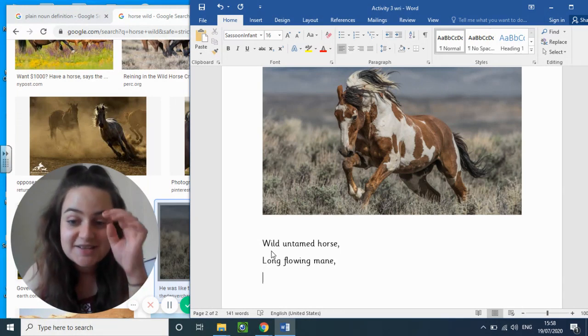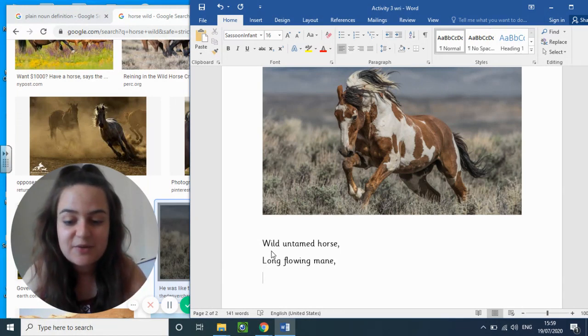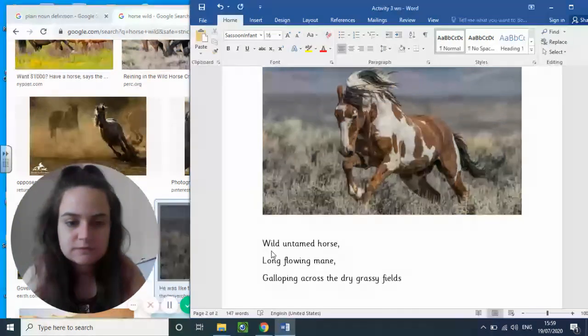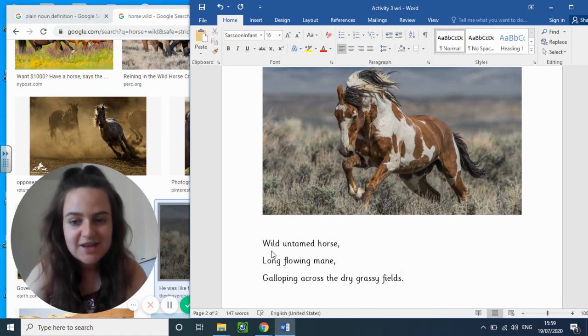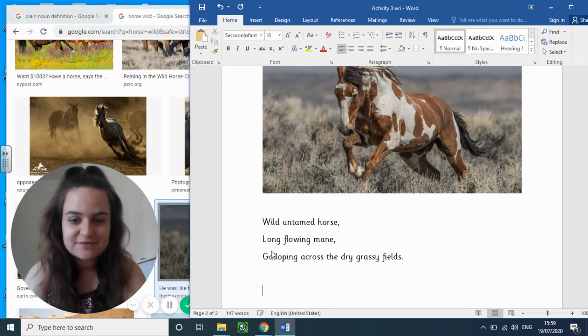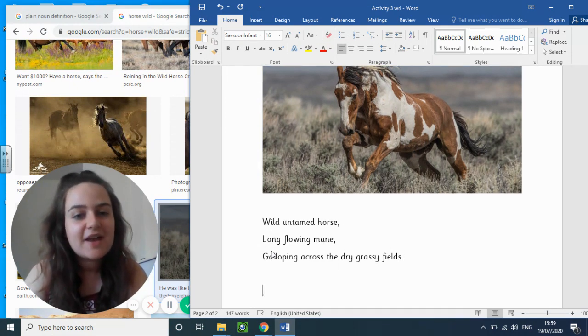So I'm going to use my idea from activity 2, which is galloping across the dry, grassy fields. Wild, untamed horse, long flowing mane, galloping across the dry, grassy fields. That sounds really good.